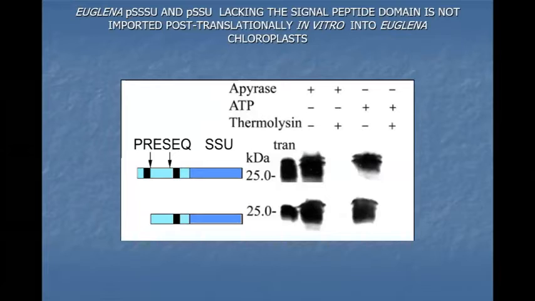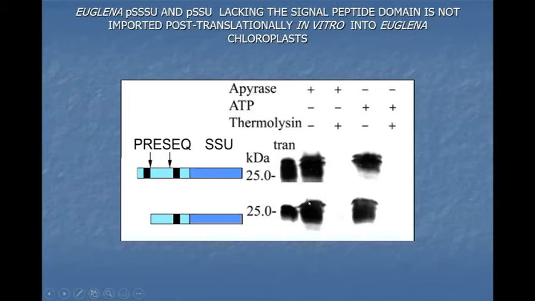Okay, the next question we wanted to ask is is this an obligate transport pathway, or can Euglena precursors be imported post-translationally from the cytoplasm? So what we've done is we've taken the full pre-sequence and a pre-sequence where we have removed the signal peptide. So this is what would presumably be presented within the Golgi transport facility, the translation products, and we find that both the complete pre-sequence as well as just the transit peptide do associate with the chloroplast.